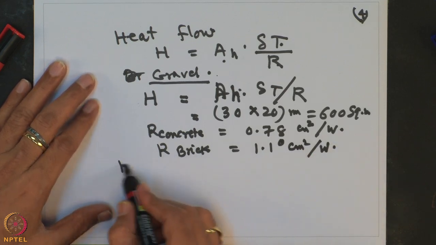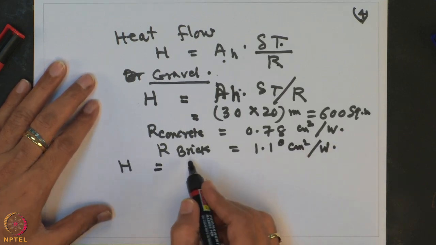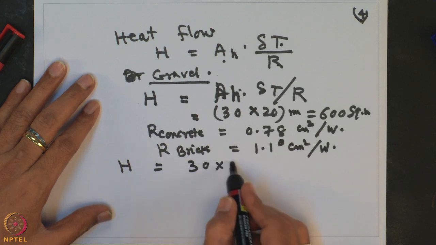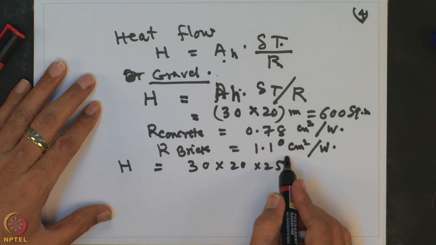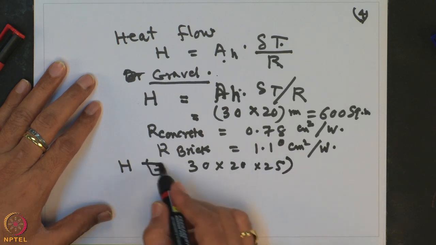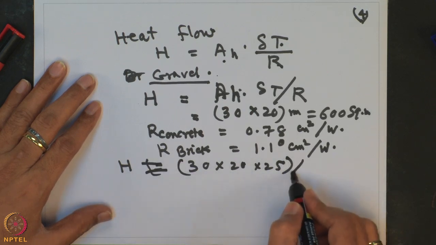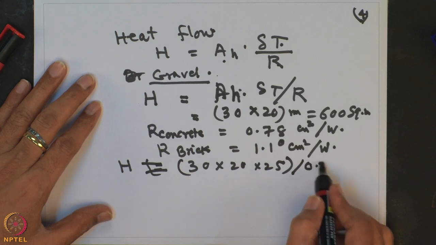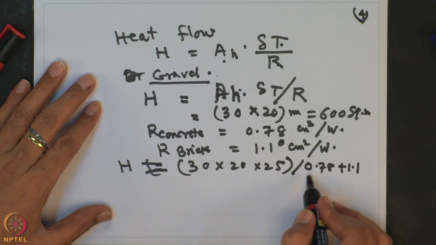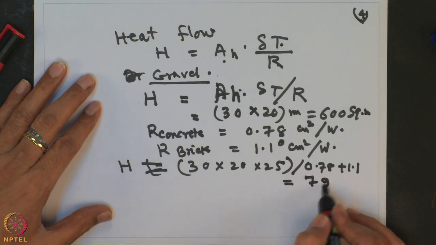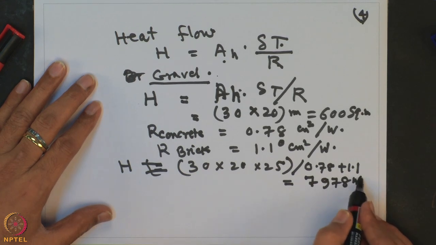So you can calculate H equal to 30 into 20 into 25, divided by 0.78 plus 1.1.